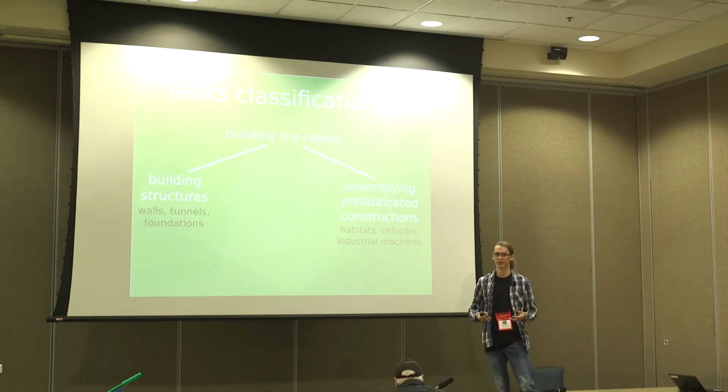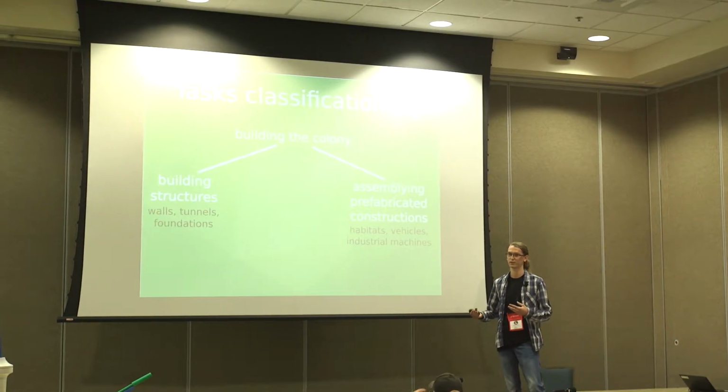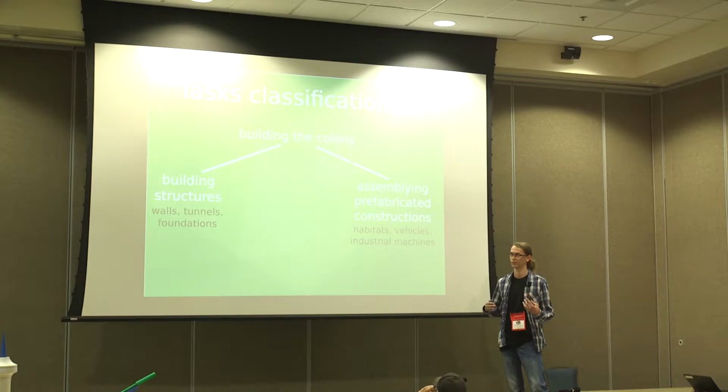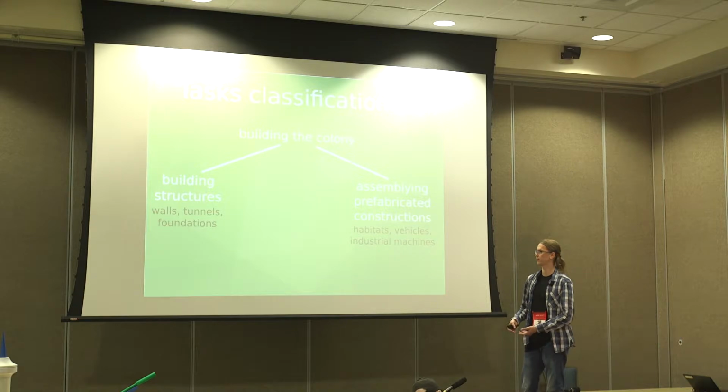We do not have exact plans for a mission to Mars. We do not know how it will look, so we have to develop technologies that are flexible and cover a wide range of tasks. Once we get to Mars, we have to build the colony.